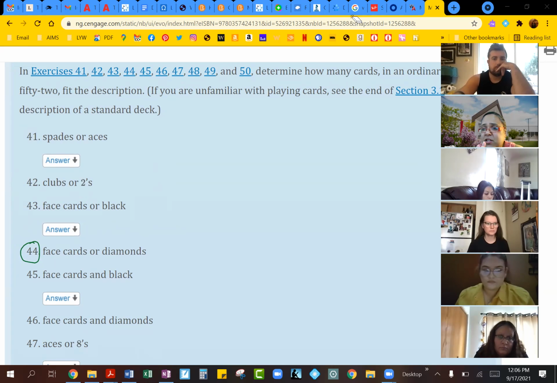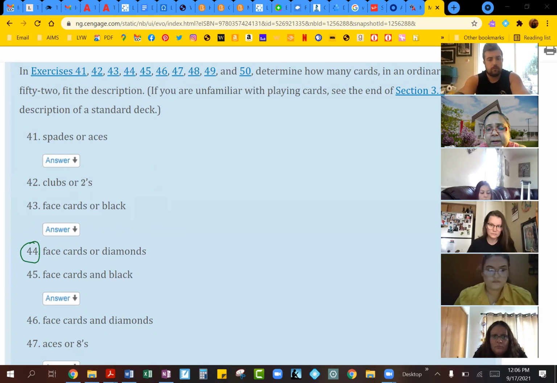So again, does anybody want to help us out if you're not familiar with what a face card is? King, queen, jack. Do we use aces in that? Aces are also face cards.